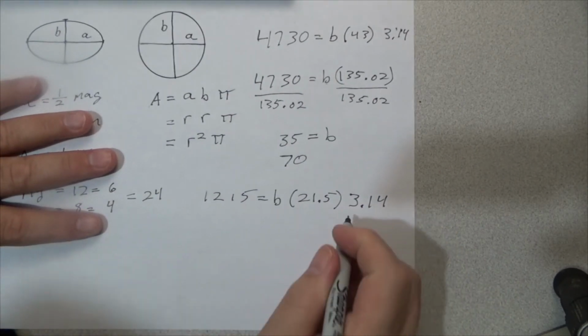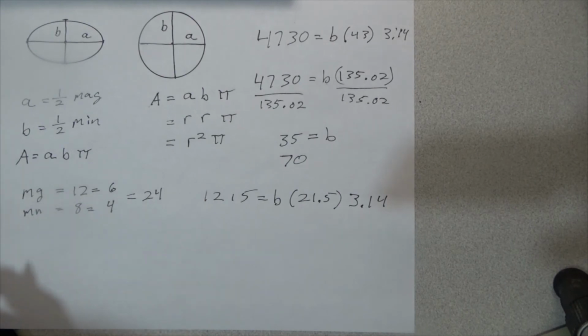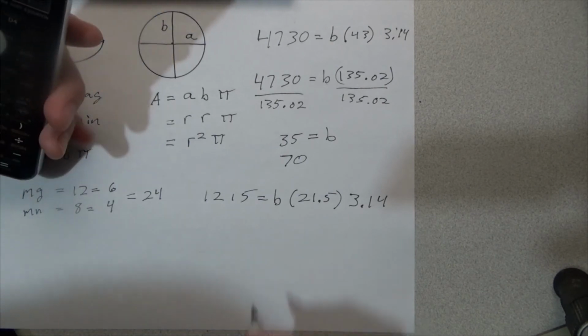Let me multiply these two together first. 21.5 times 3.14 is 67.51.